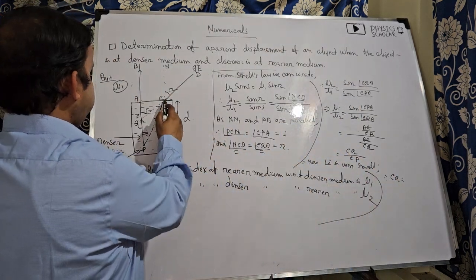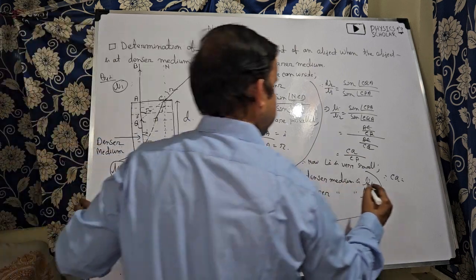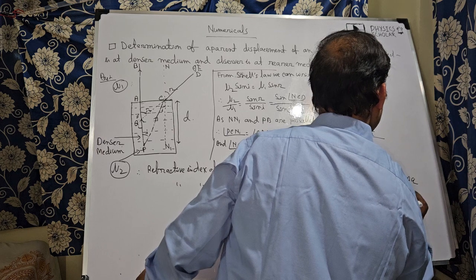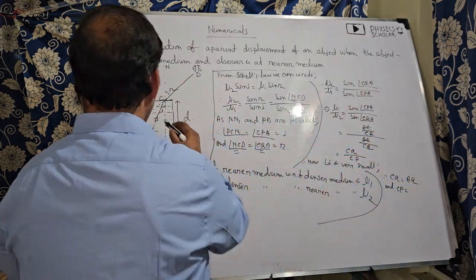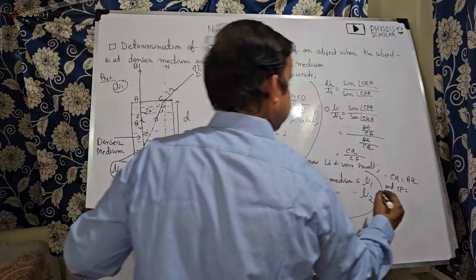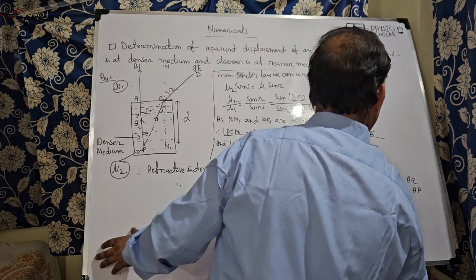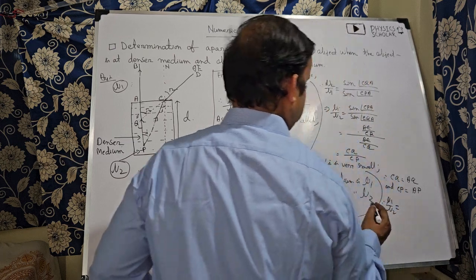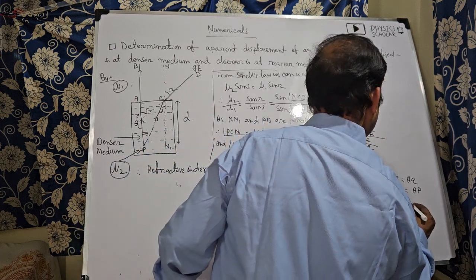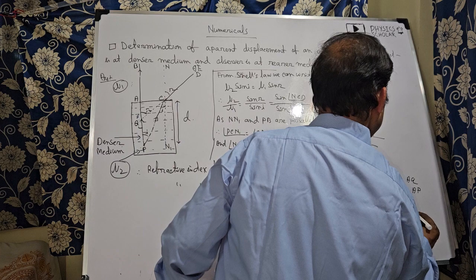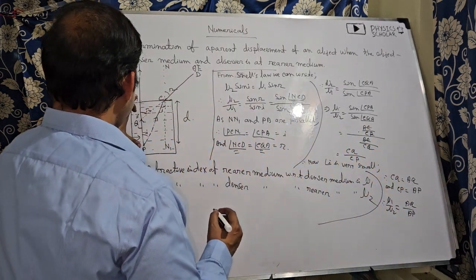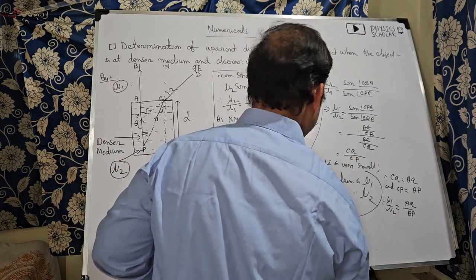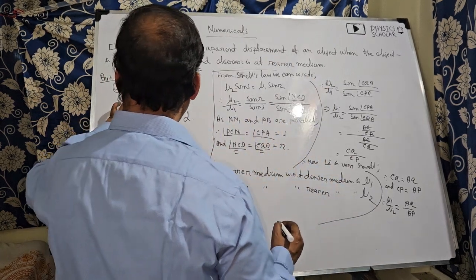Then we can write CQ is equal to AQ and CP is equal to AP. Then mu 1 by mu 2 is equal to AQ by AP.